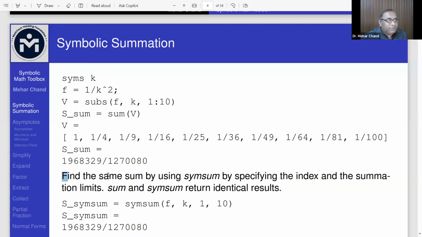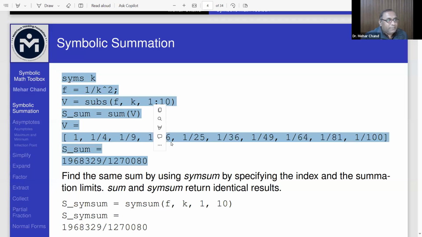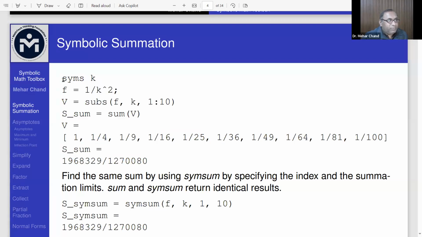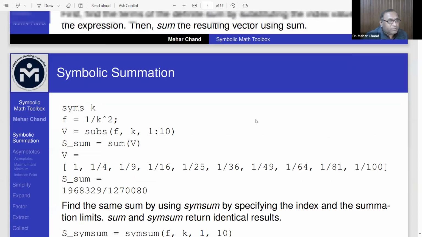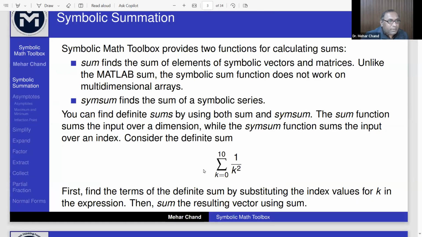These are the syntax where we define, and this part is the MATLAB part. Here we define k as a symbolic variable, and f is a function. Why are we doing this? Because we want to calculate this value, summation k equal to 0 to 10, 1 upon k square. There are two functions: one is the symsum function, which is inbuilt in MATLAB, and one is the sum function.